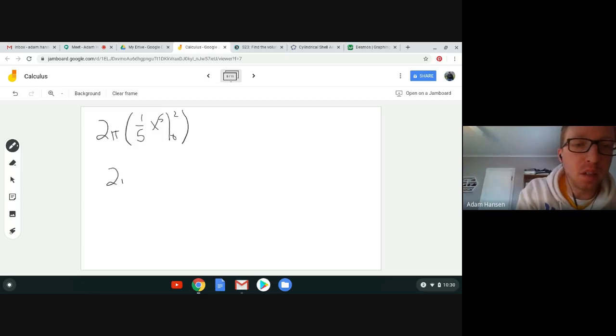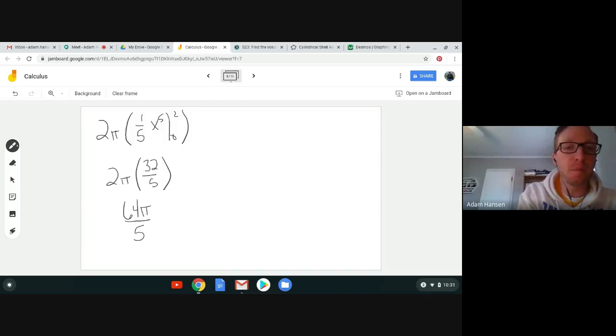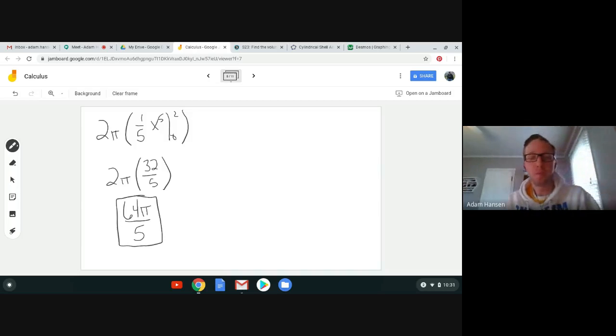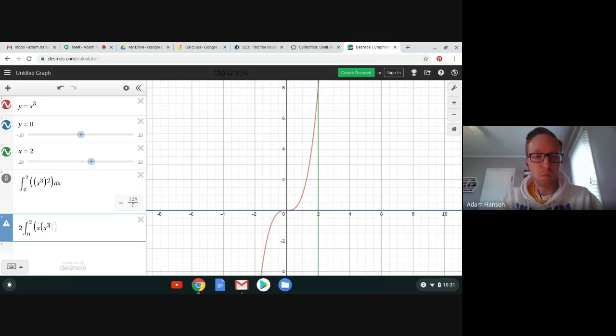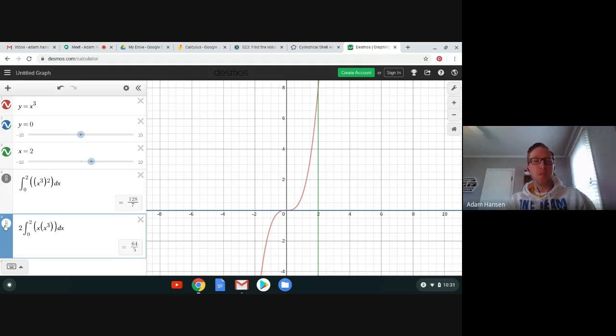So 2 pi times 32 fifths. Multiply that by 2, and I see 64 pi over 5 for our final volume. So as a rational value, yep, 64 fifths for a final volume, 64 pi over 5.